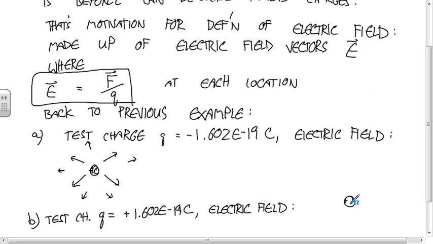There's our plus 1 coulomb fixed charge. The forces are all going away. We're dividing by a positive number, so we end up with this again.